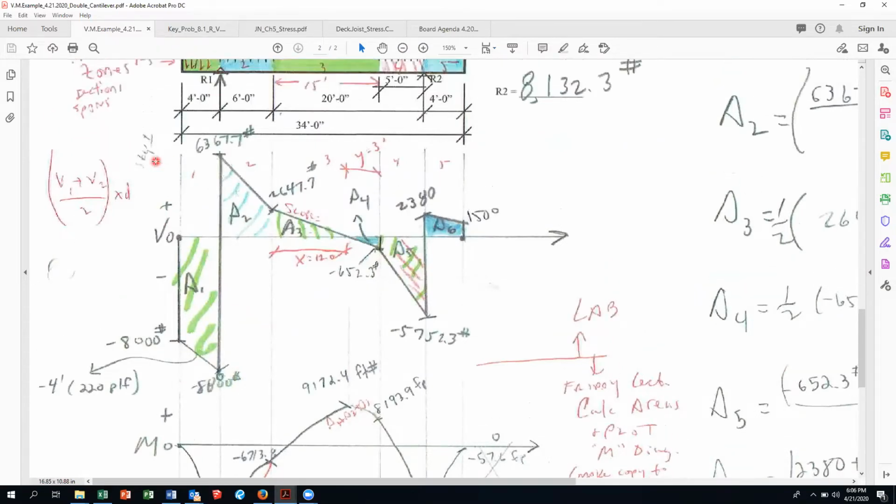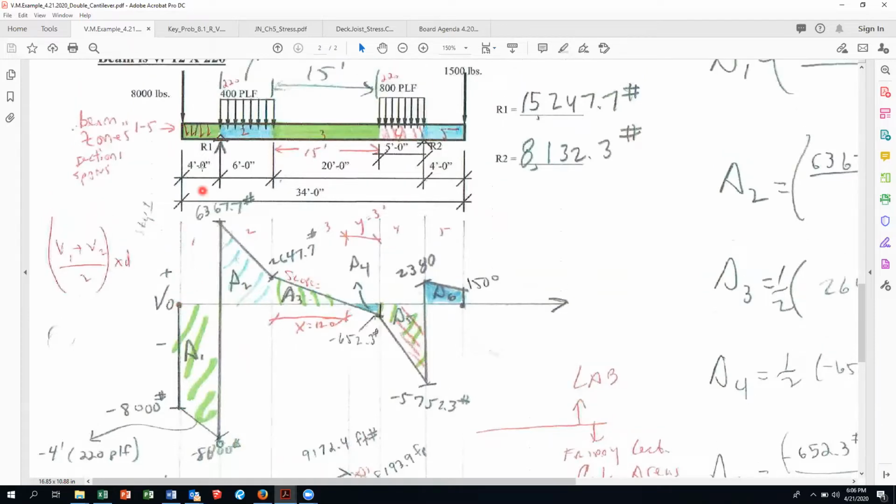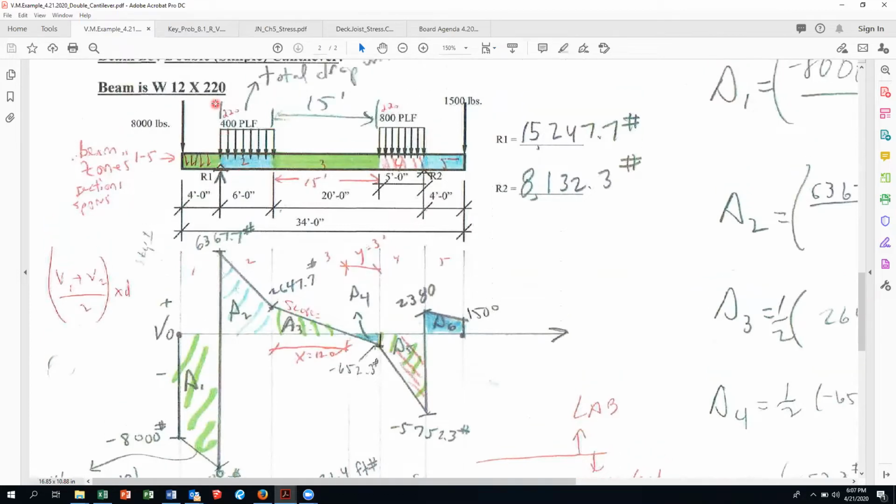Well, it makes sense that when the shear starts at 0, it's going to immediately drop down 8,000 pounds. And then over the next 4 feet, it's going to drop at a rate of 220 pounds per foot because that's the beam weight. I broke it up into 5 zones of the span, in between significant points.